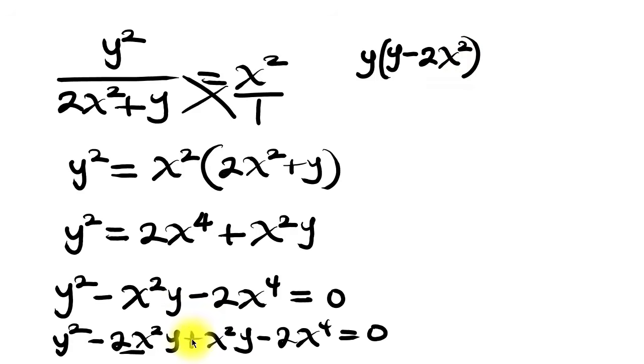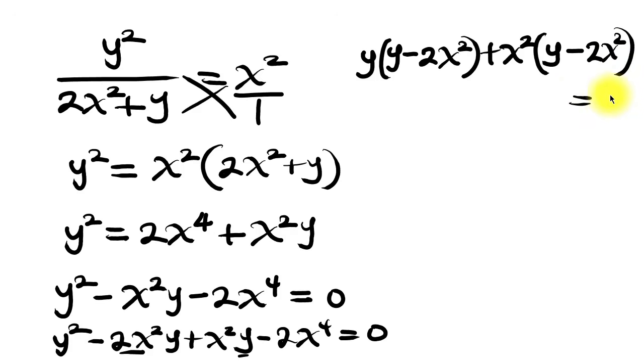And then from here, notice that x squared is common. So we can factor out x squared, open brackets. Now x squared y divided by x squared, I have y remaining, so y minus, now 2x to power 4 divided by x squared, we have 2x squared. Very good. And this is equal to 0.